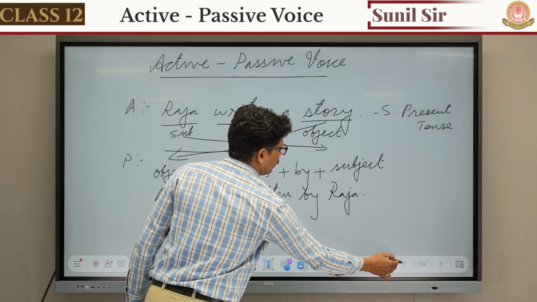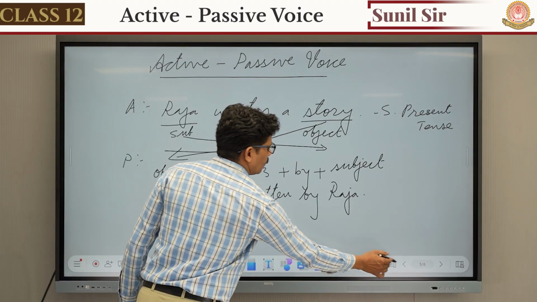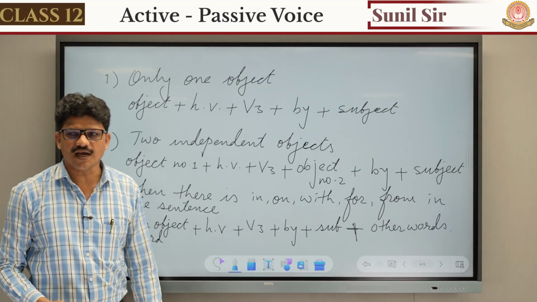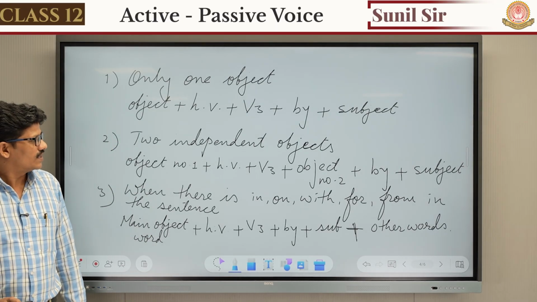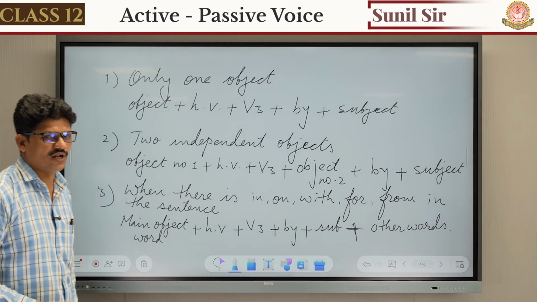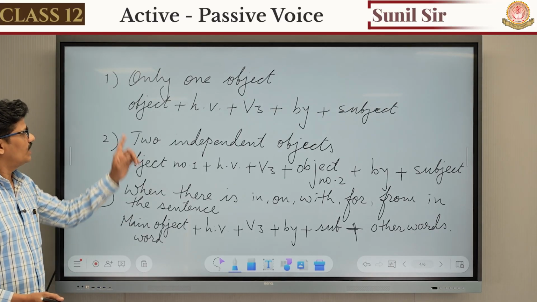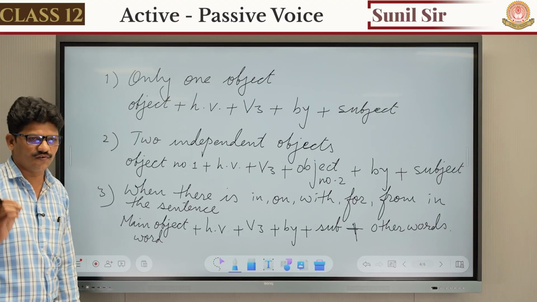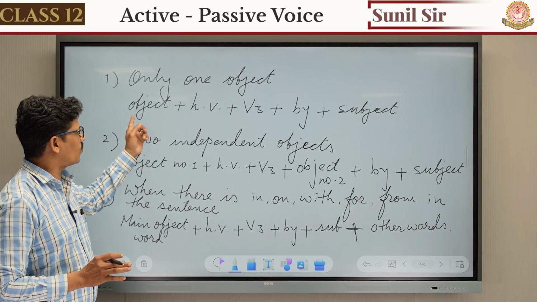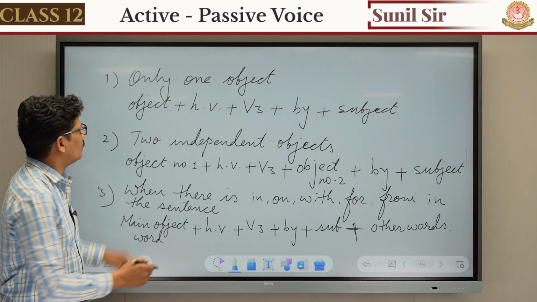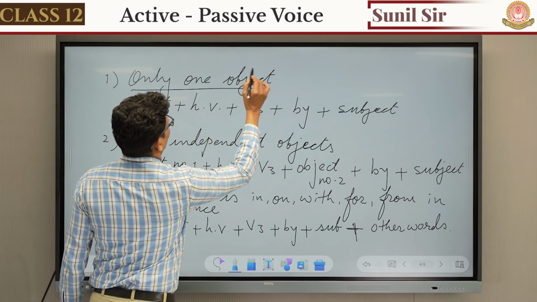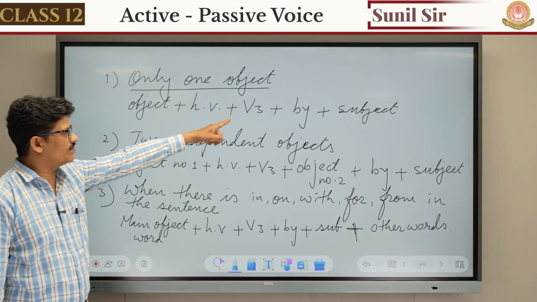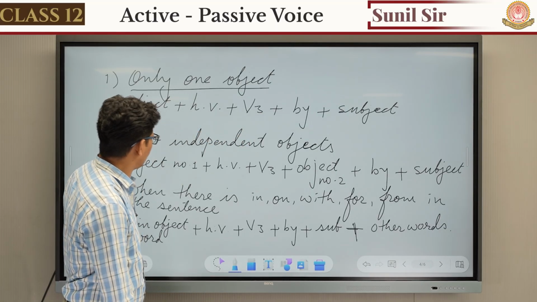So now we will see what are the formulas. According to me, I have given here 3 different formulas according to the sentence. If we have a small sentence and it has only one object, this is the formula for that. So I have written here only one object. First object will come, helping verb plus verb third form, by plus subject.